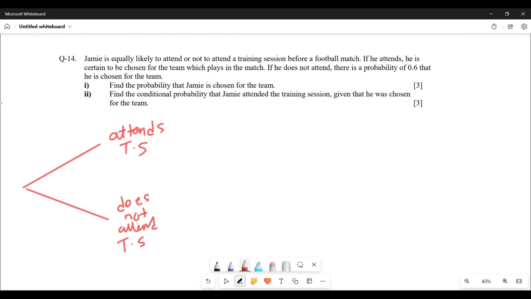So the probability that he attends is, he is equally likely to attend or not attend, that means this is 0.5 and this is 0.5 as well. If he attends, he is certain to be chosen for the team. So chosen for team or not chosen for the team.